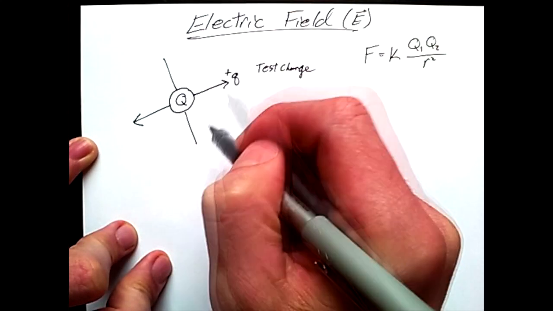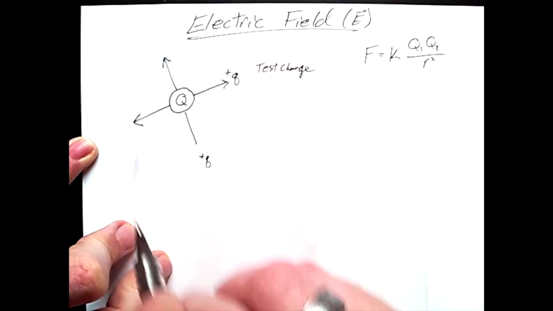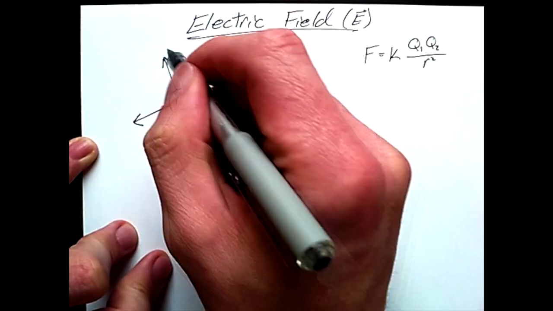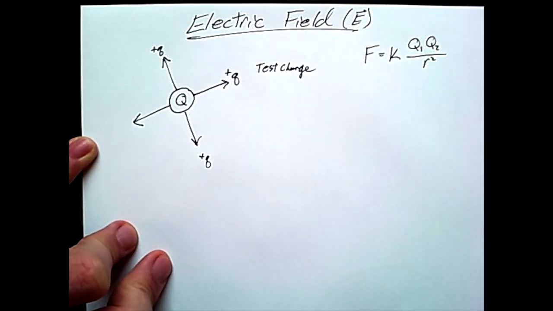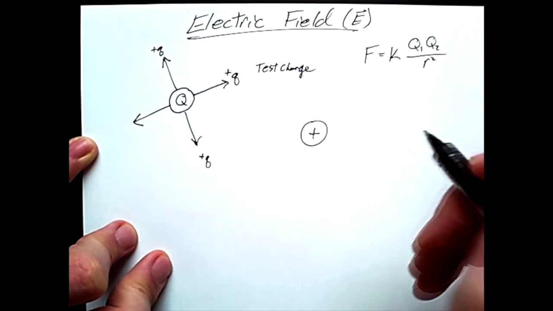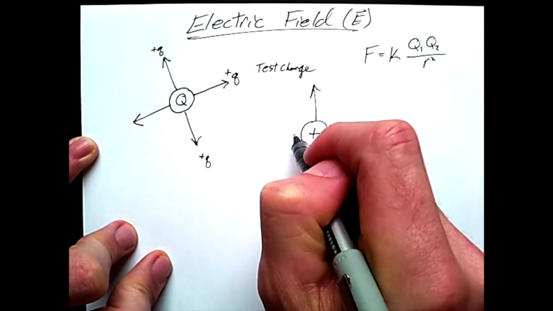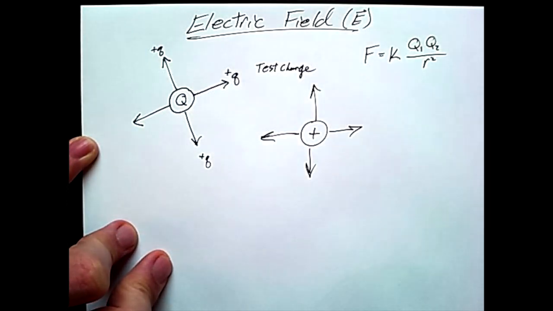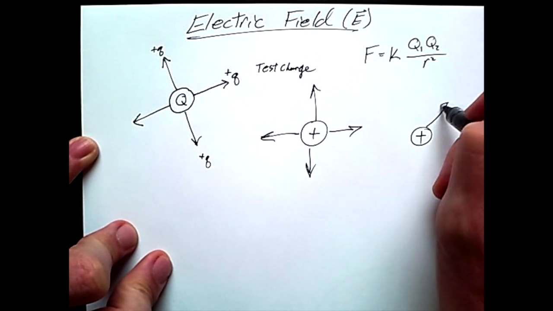And if lowercase q was here, that would push the charge in this direction. And if the lowercase q was here, that would push the charge in this direction. And so what we see is that when the Q is positive, the electric field lines are drawn indicating away from the charge. Now, they can be drawn like this, they can be drawn like this, etc.